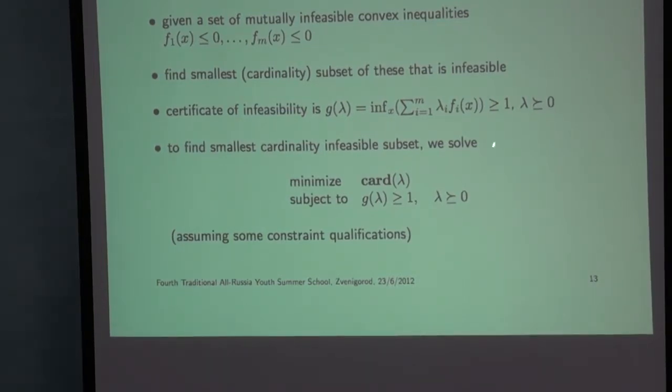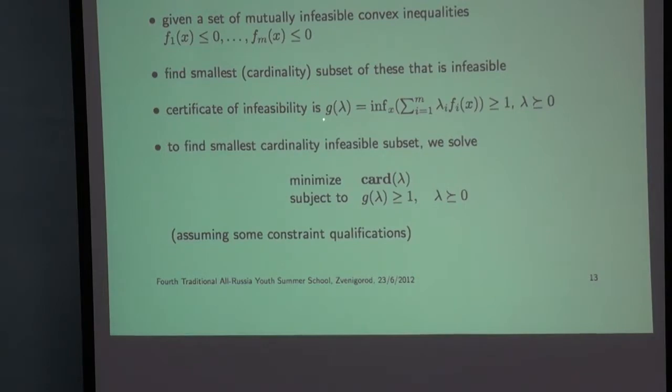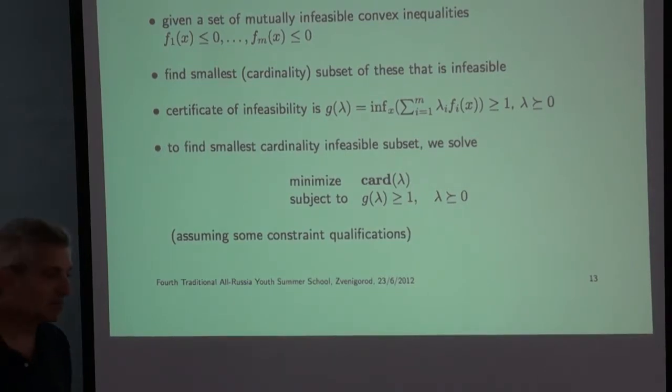Now, if lambda is sparse, then look at this. It says that it only uses some of the FIs. So finding the sparsest lambda that satisfies this actually is exactly the same as finding the smallest set of mutually infeasible inequalities. Okay? So it's very interesting because you try to do a circuit design, it's infeasible, and someone says, what's the problem?